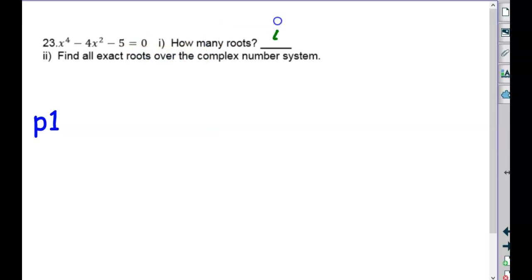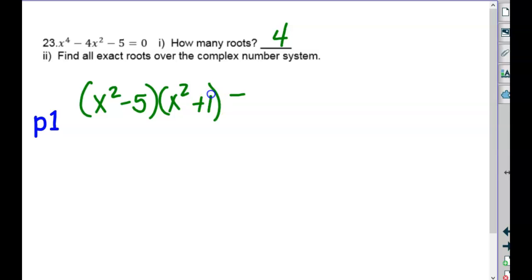This has 4 zeros. If we factor it, it's x squared minus 5 and x squared plus 1, so that when you FOIL it back together, you get x to the 4th minus 5x squared plus 1x squared, which would be negative 4x squared, and a minus 5.